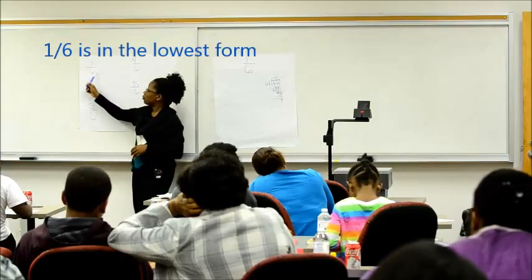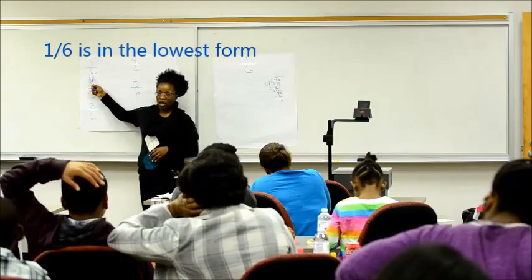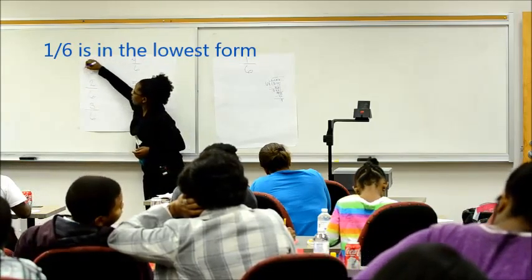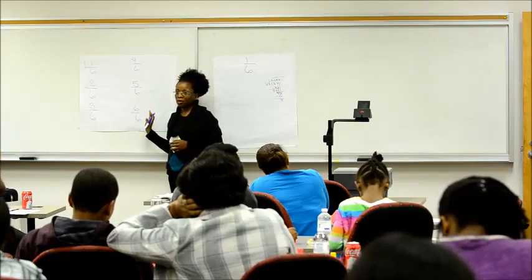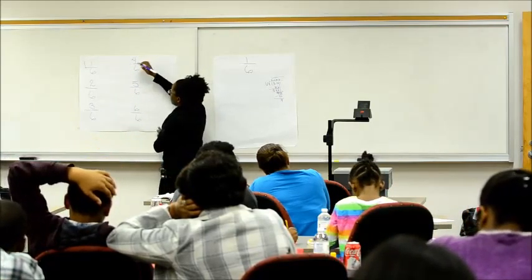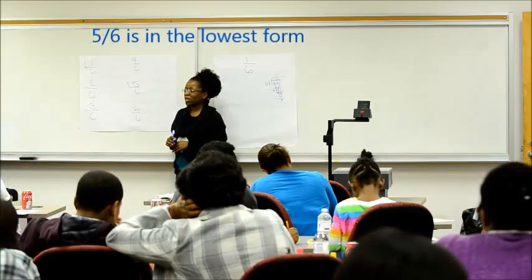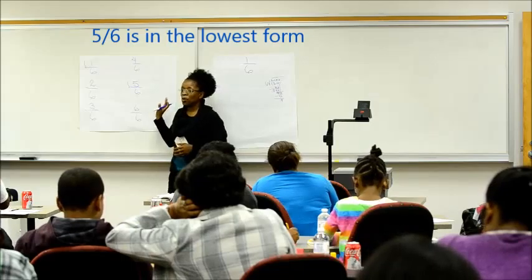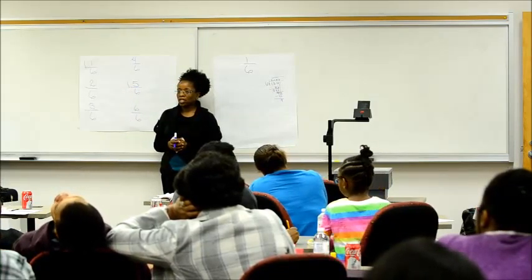Okay, we're going to keep 1/6. Can anyone tell me another fraction that will be in lowest terms? Ms. Hughley? Okay, we're going to keep 5/6. Do we have any more that are in lowest terms? No.